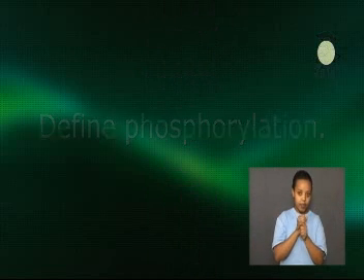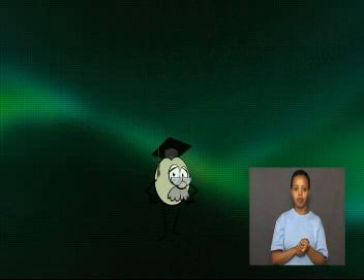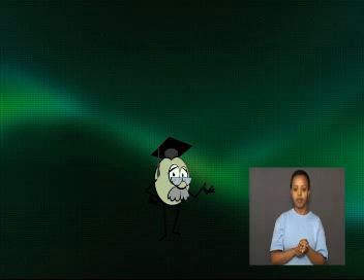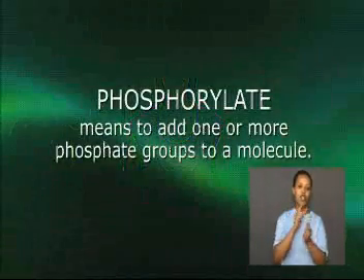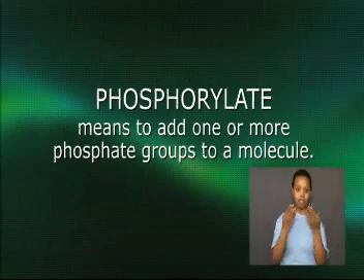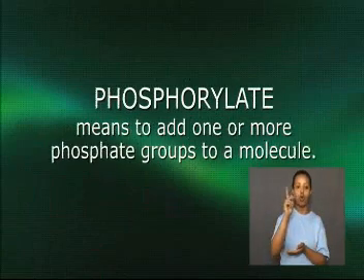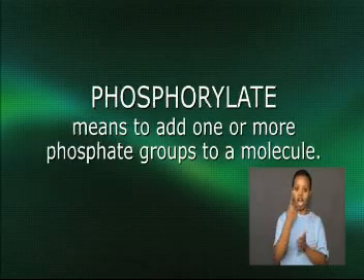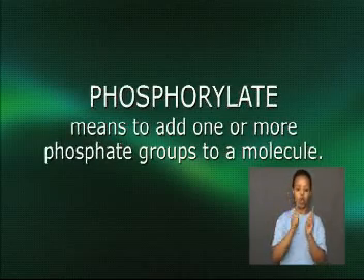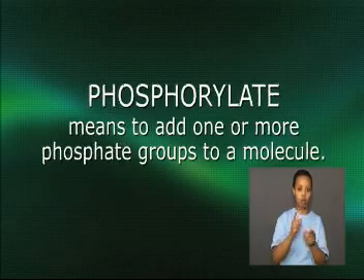Time's up. Let's get back to our lesson. Welcome back, students. I am sure you were able to remember the definition. If you said that phosphorylation means adding 1 or 2 phosphate groups to a molecule, then you are correct.